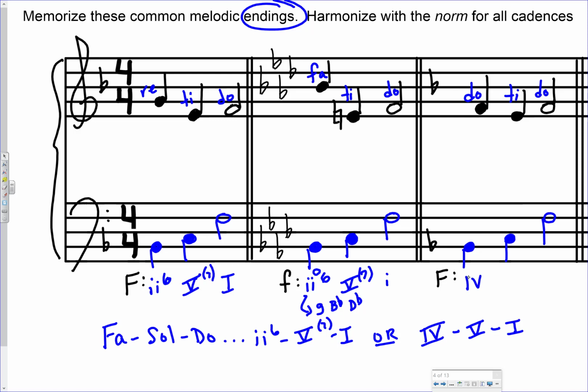That would be the 4, which loves to go to 5, which loves to go to 1, all major. I can't have the 2 chord as the first chord in that example because the F is in the soprano. And F is part of the 4 chord.